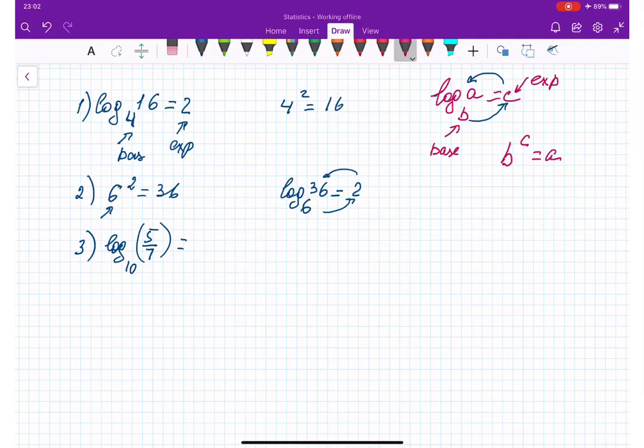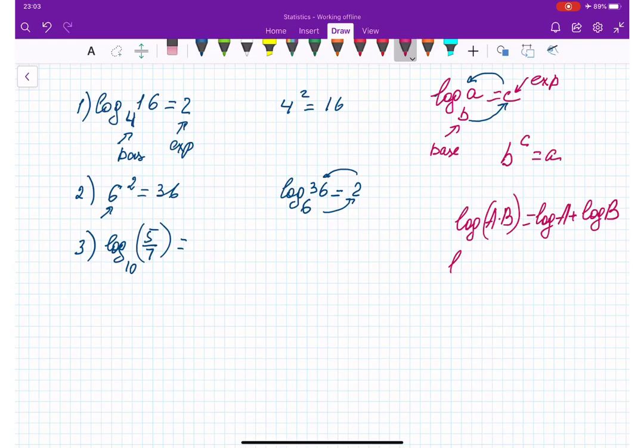When we have logarithm a times b, that is equal logarithm a plus logarithm b.